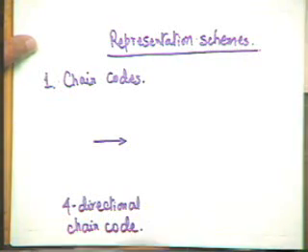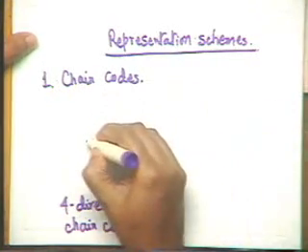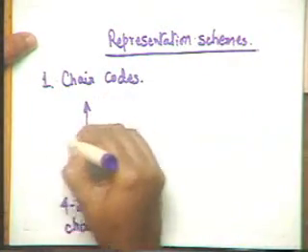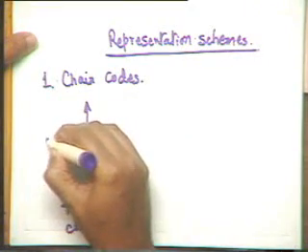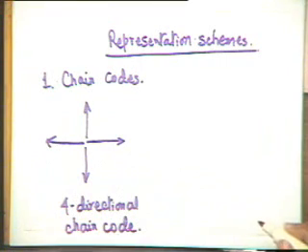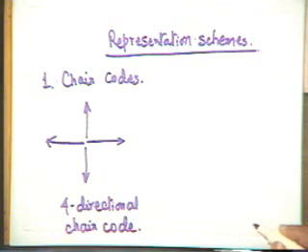In the 4 directional chain code we consider 4 different directions like this. That is to say, when we traverse the boundary of an object, we will see in which direction we travel. Because when we travel along a closed contour, we will be changing direction.